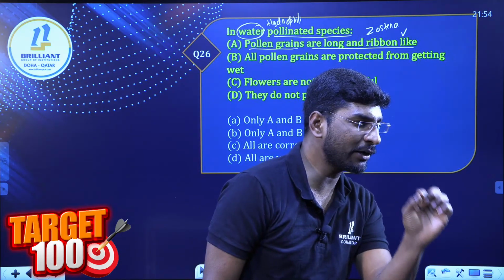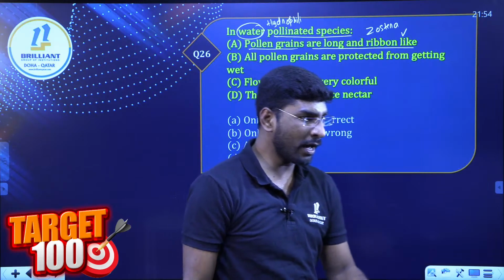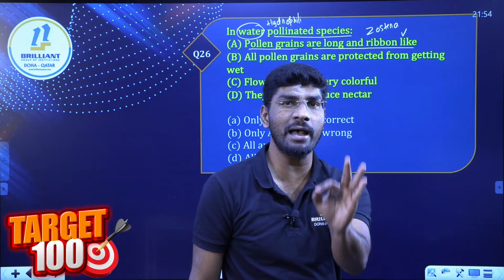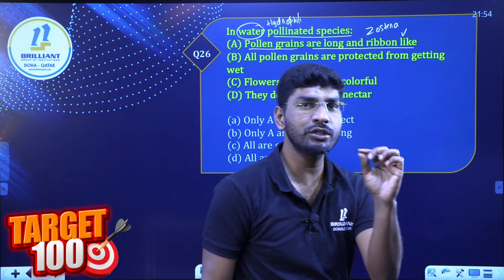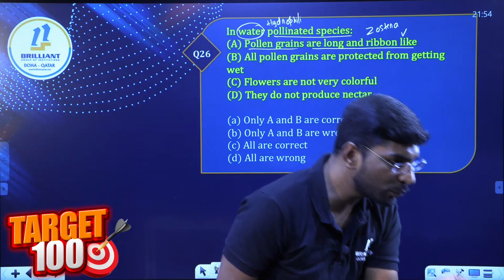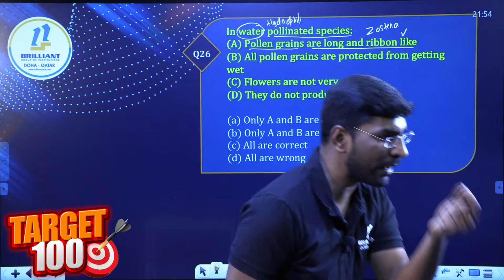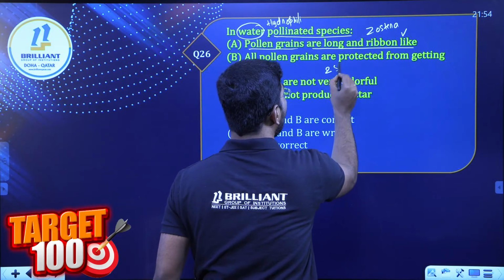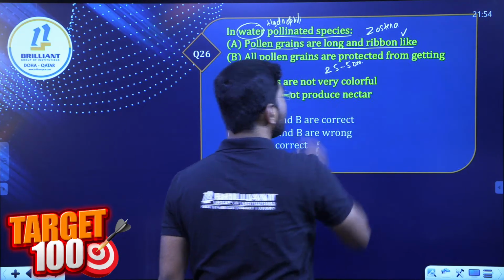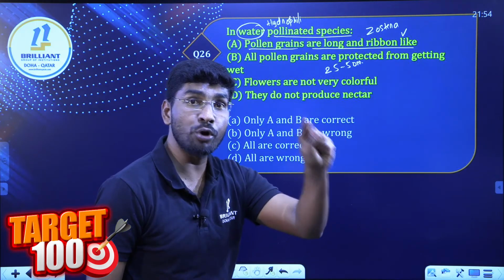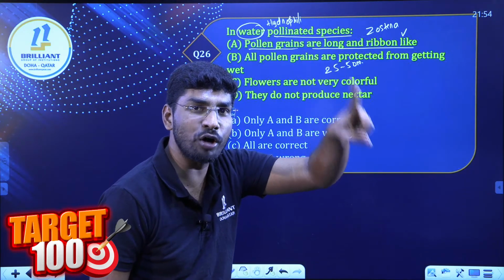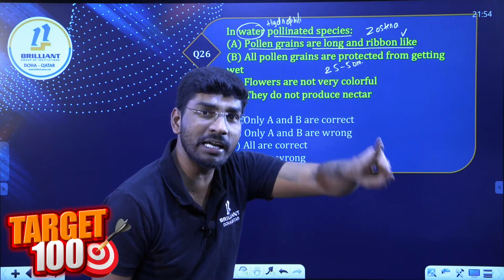It is 25 to 50 micrometer, very good. But Zostera has the longest pollen grain. Remember, Zostera, a water plant, longest pollen grain.